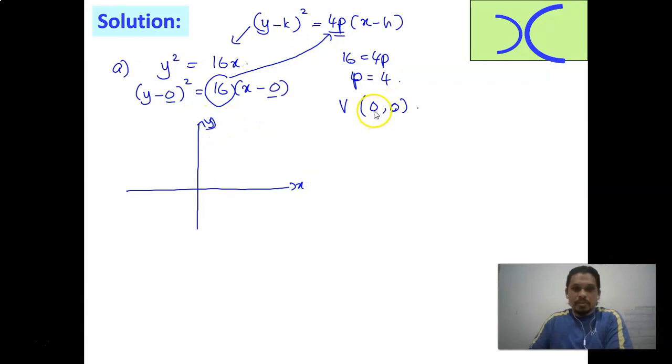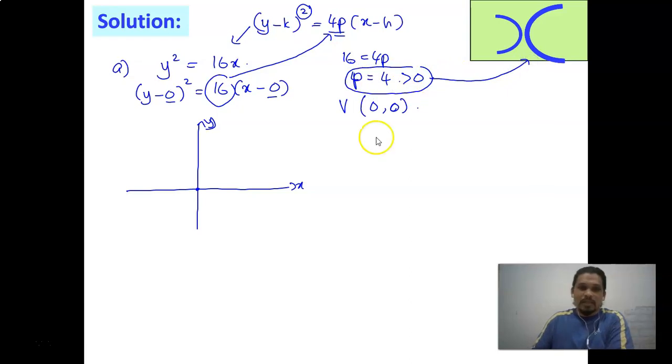So (0, 0) is the vertex of the parabola, and p equals 4. Why? Because p equal to 4 is positive, and look at y to the power of 2. It is either open to the left or open to the right, but it opens to the right here because p is positive.